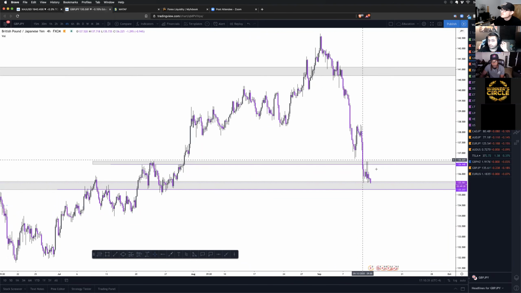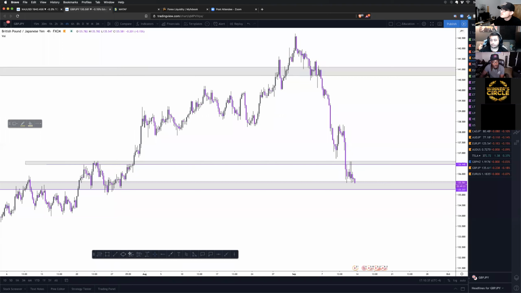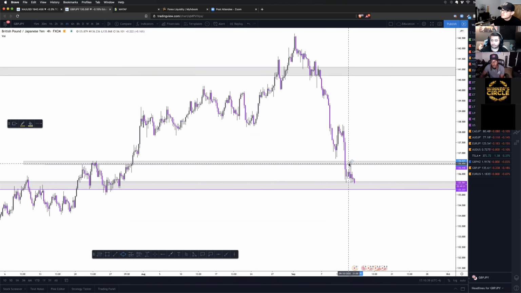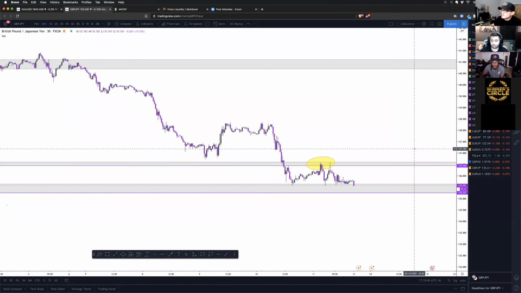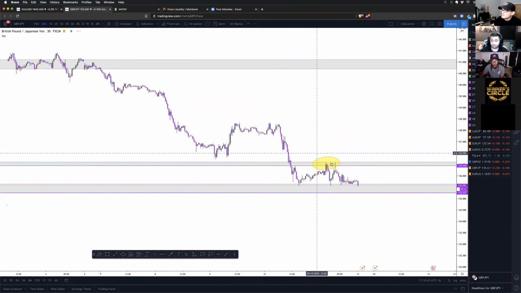If we go down even lower really quick, you can see how you could have caught this beautiful entry. Boom. Whenever I see price form resistance or support in an extremely strong area based on the daily or the weekly, when price did this, I would have sold.